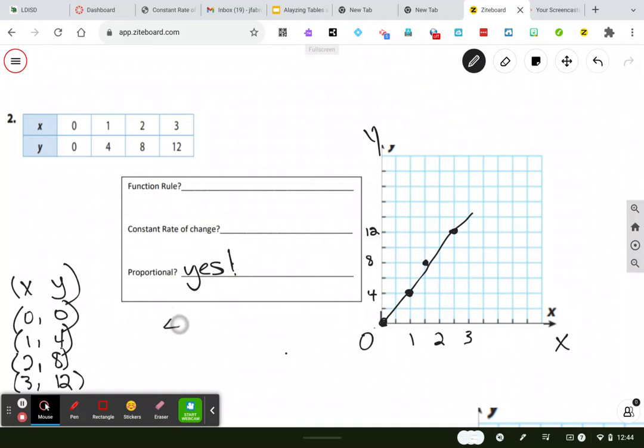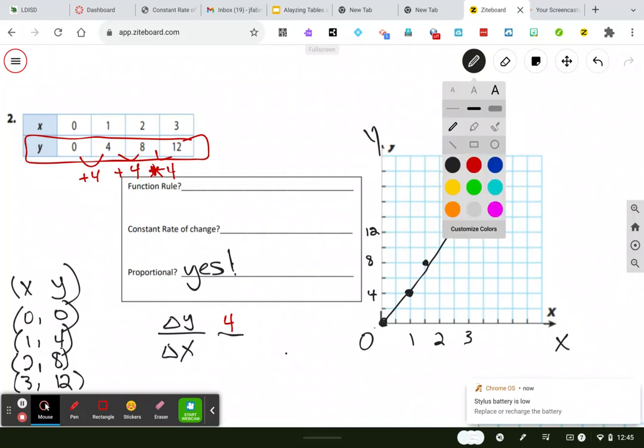Let's find my change in y over my change in x. Remember, the change in y is this. So going from 0 to 4, I'm adding 4, I'm adding 4, I'm adding 4, adding 4. So my change in y is 4.